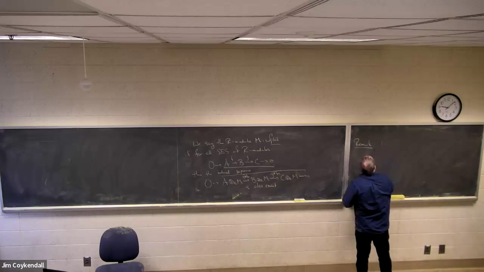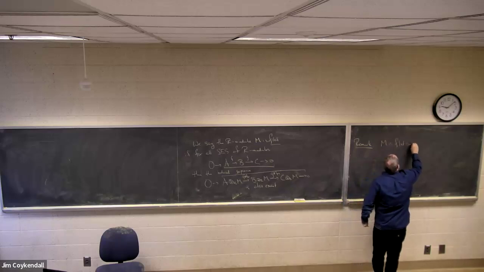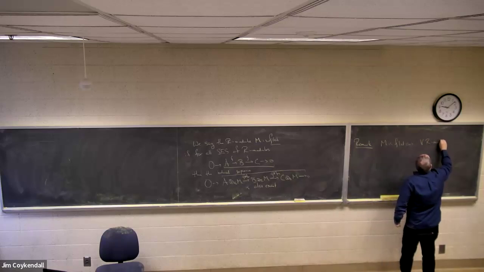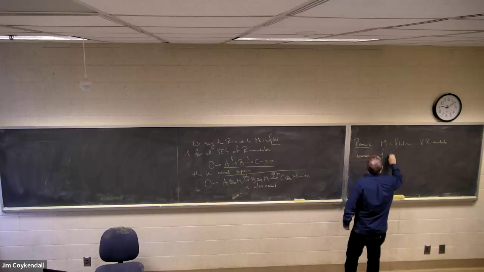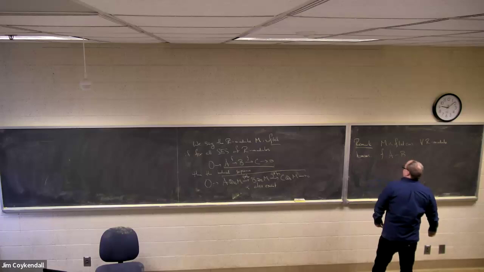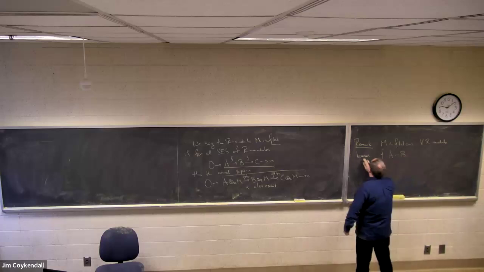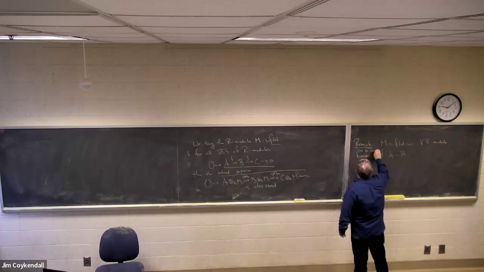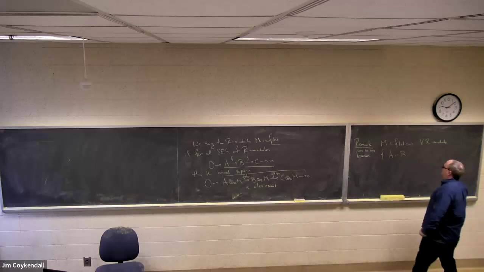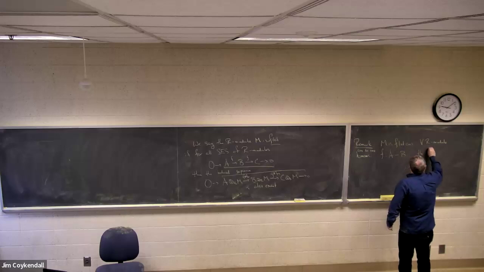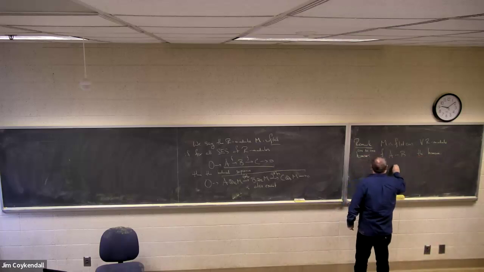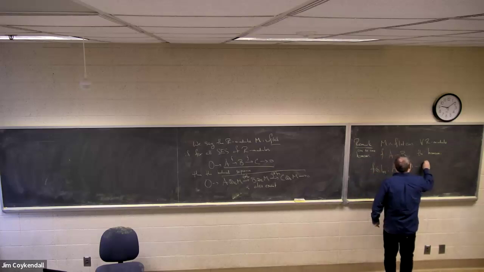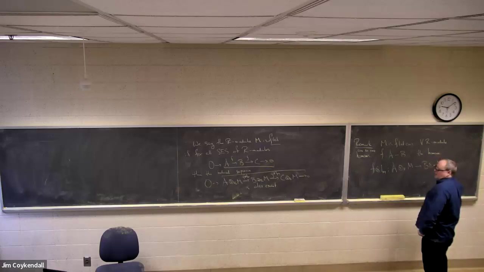M is flat if and only if for all one-to-one module homomorphisms f from A to B, the homomorphism f tensor 1_M is also one-to-one.